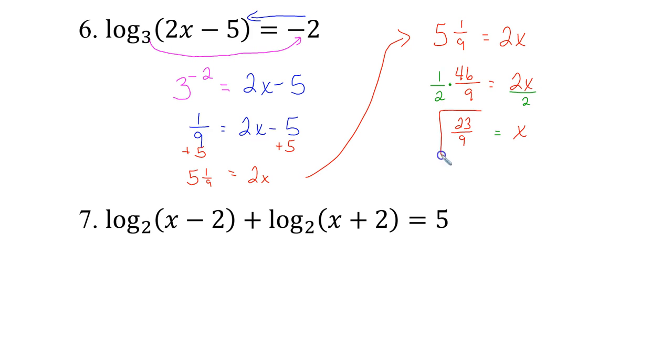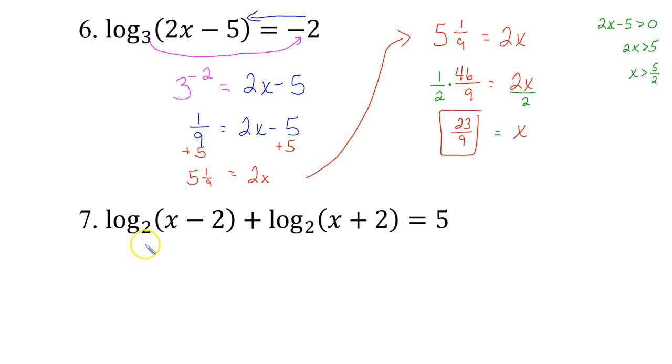And so this is my final answer. Checking that domain real quick if you want to do that. Sometimes that can help you eliminate bad answers. So this is going to be 2x must be greater than 5, and x must be greater than 5/2. And 23/9 is greater than 5/2. Right? So we're done. Excellent.